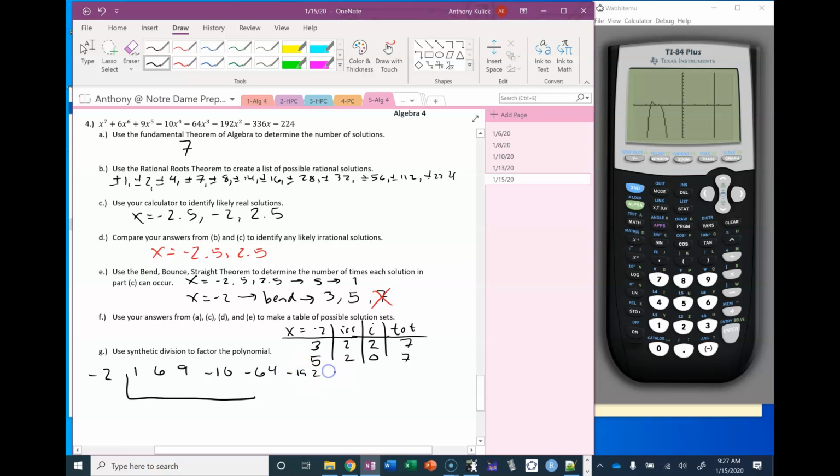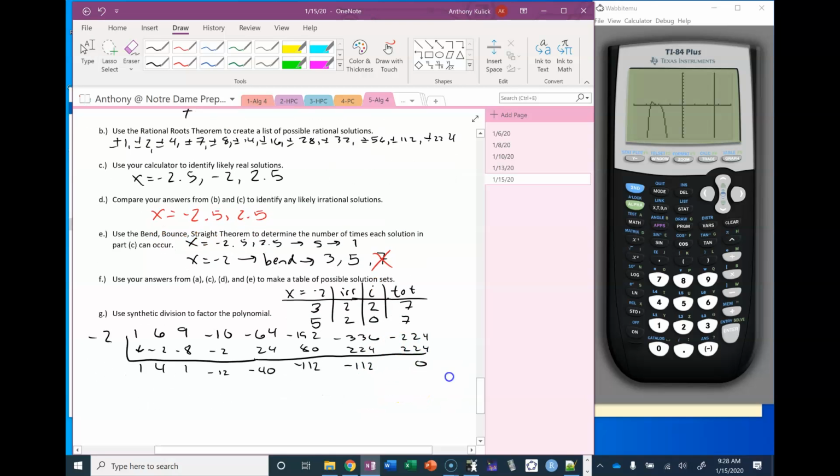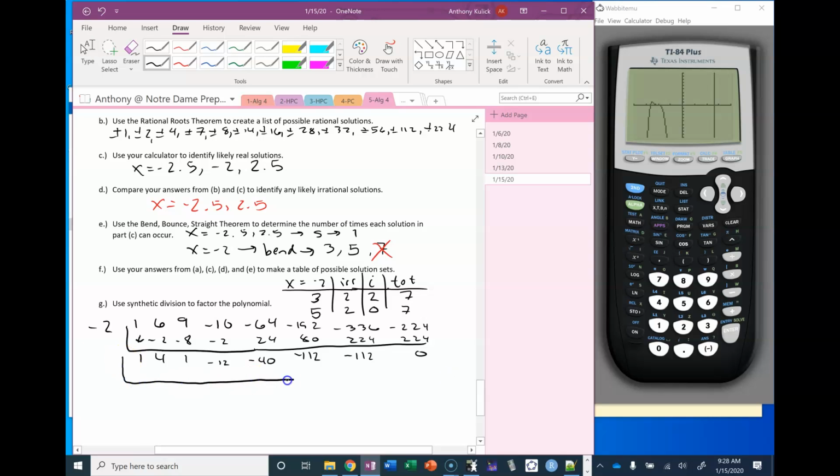And then, thankfully, I don't have any skips there. So that worked. And I know I can use this 3 times, so I'm just going to do it again.